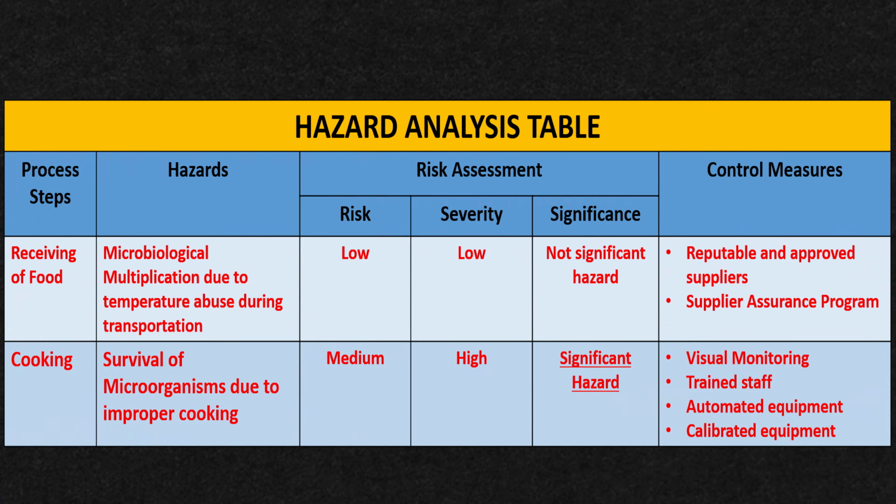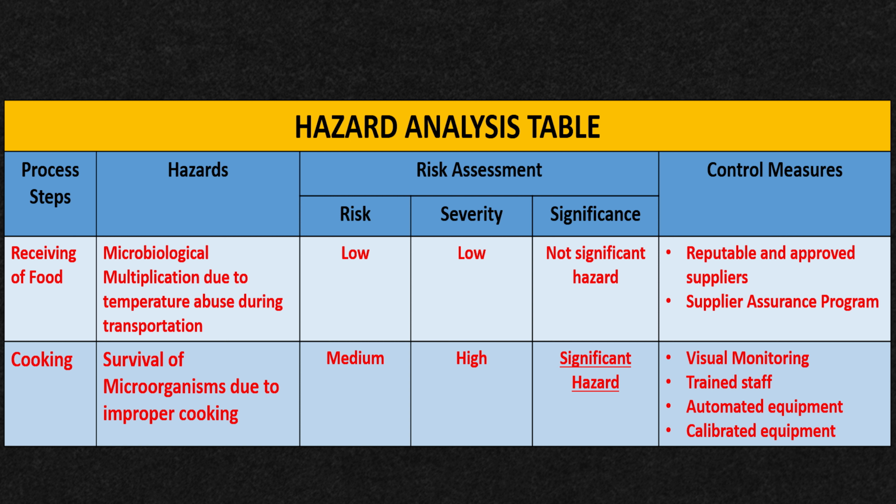So now let me cover the full hazard analysis in a very quick summary. This is how the table of hazard analysis looks. In your starting column, you will write all the processes. Then you will list all the hazards. After that, you do a risk assessment for each hazard, and then you write the control measures.